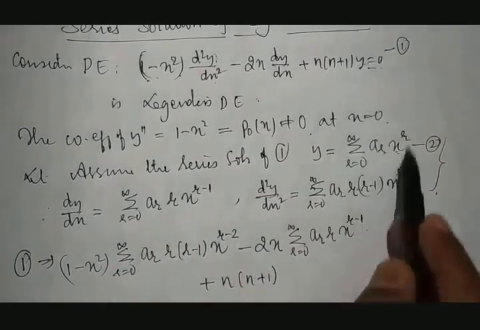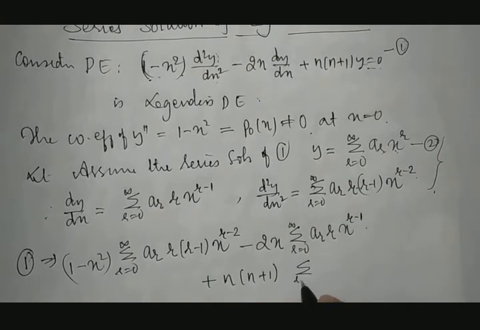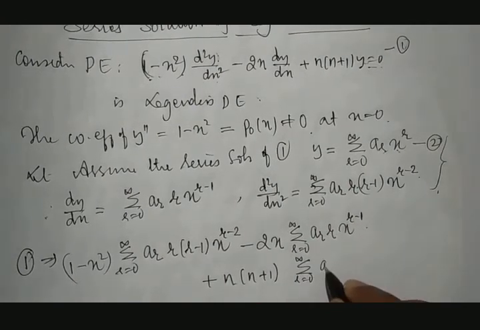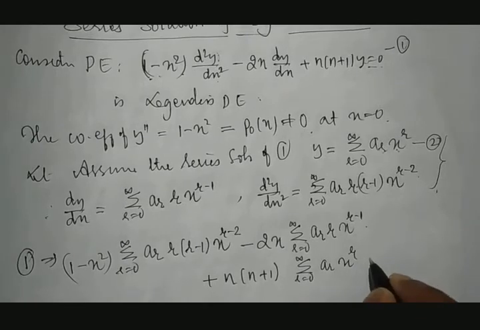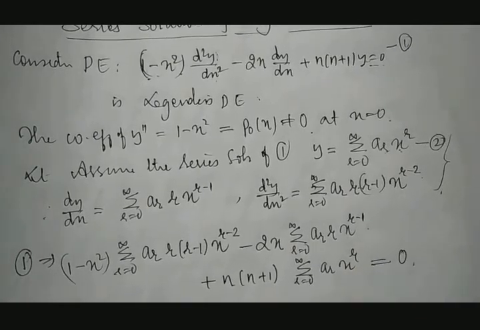What is y? y is equal to summation from r equal to 0 to infinity a_r x^r, which is equal to 0.